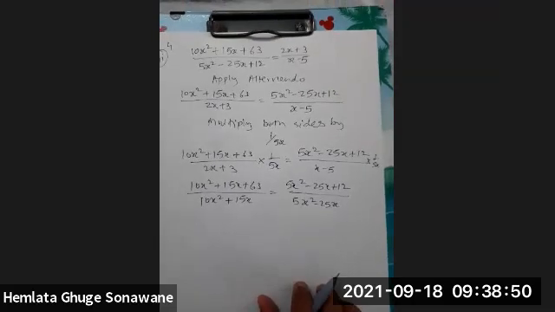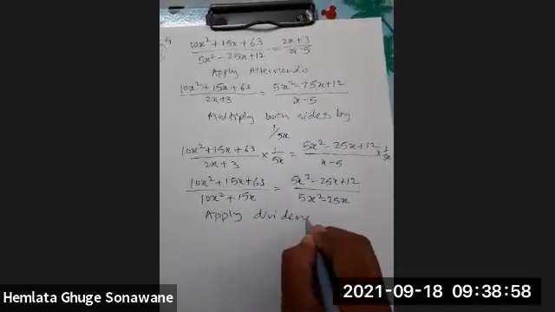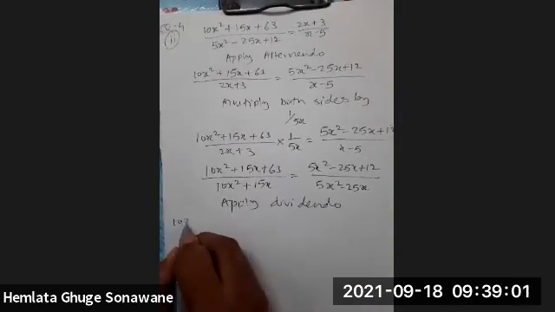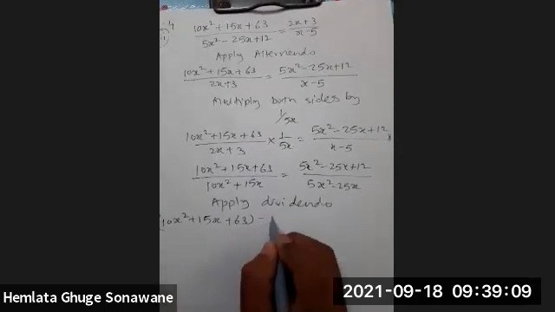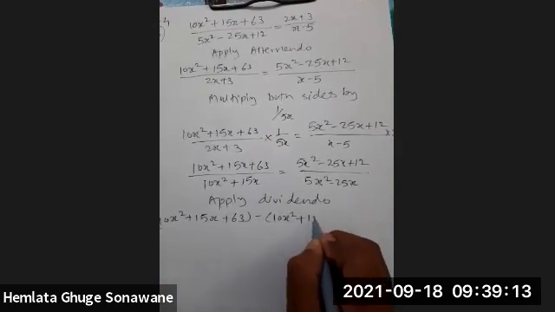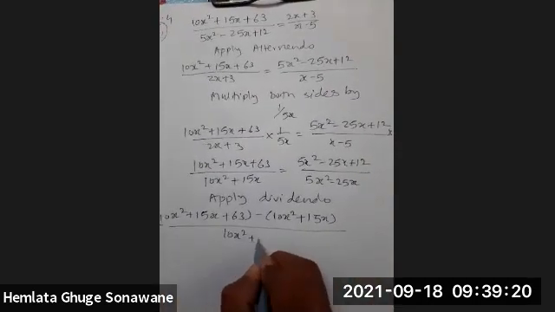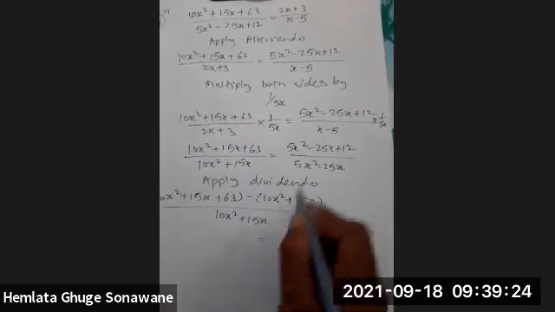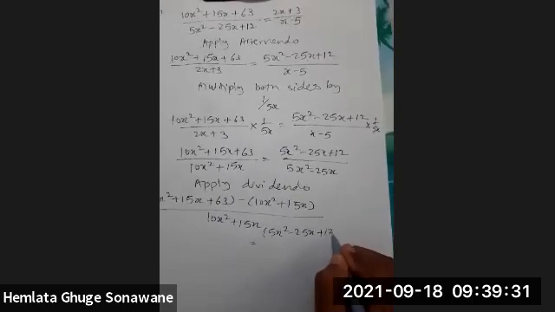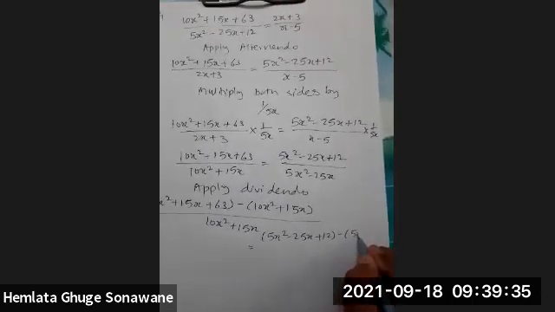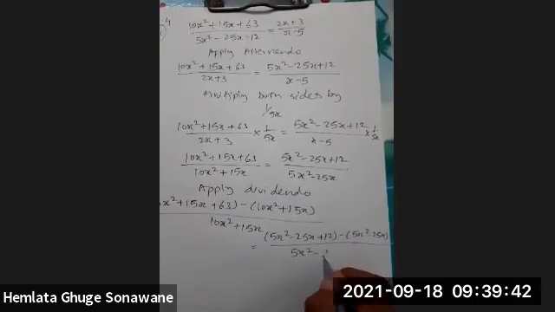Now we'll apply the property of dividendo. 10x square plus 15x plus 63 minus 10x square plus 15x upon 10x square plus 15x is equal to, here also we'll apply the same, 5x square minus 25x plus 12 minus 5x square minus 25x upon 5x square minus 25x.